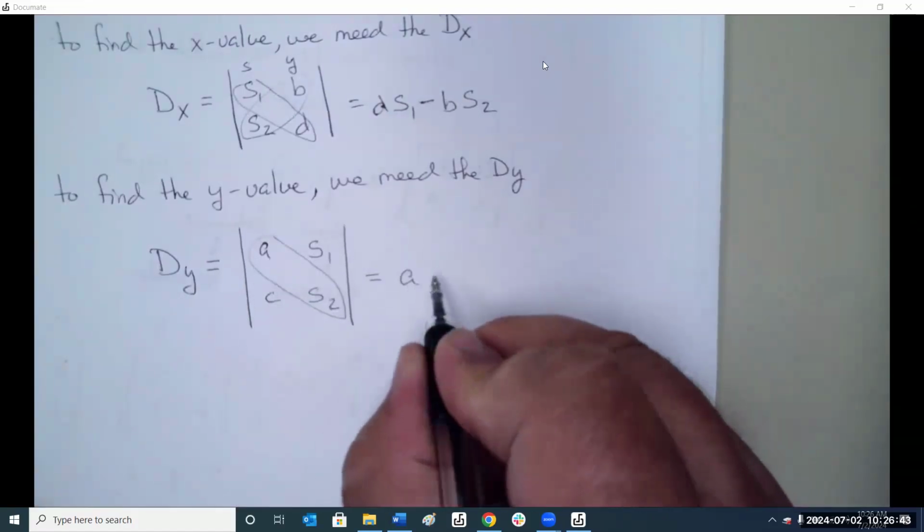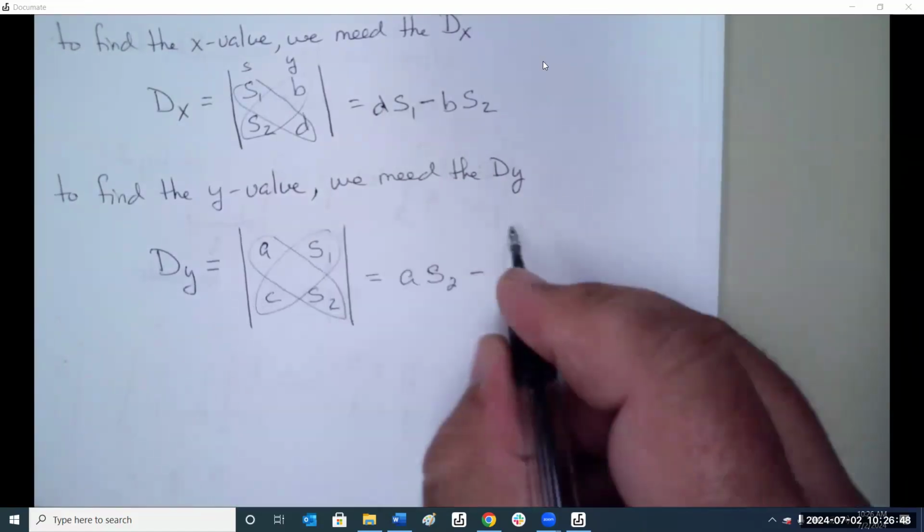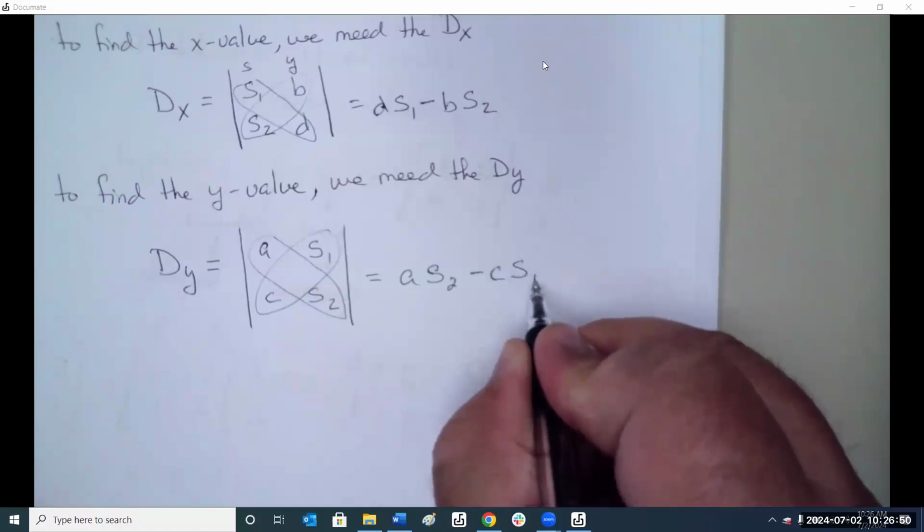And we do the diagonals. A S2 minus C S1.